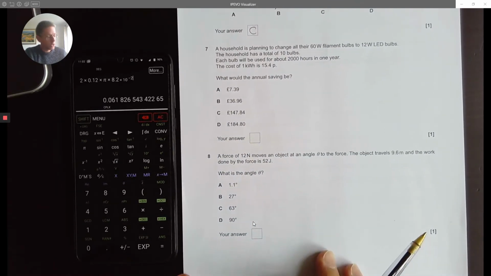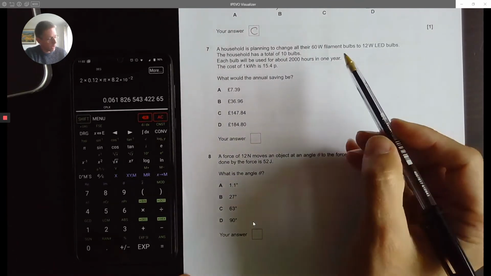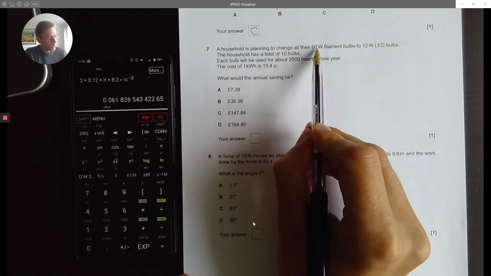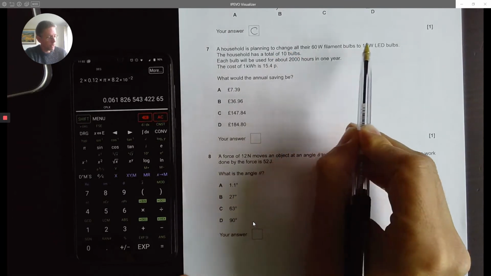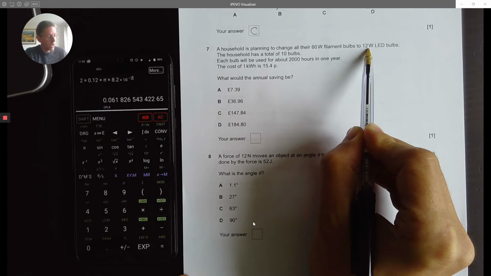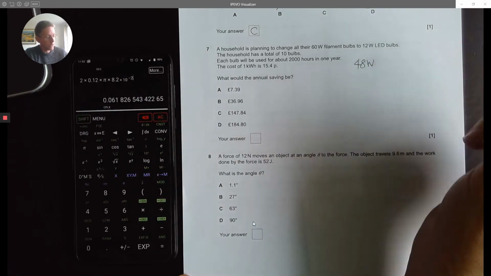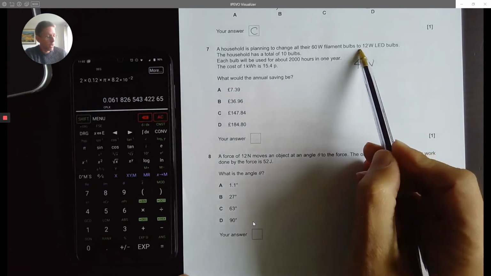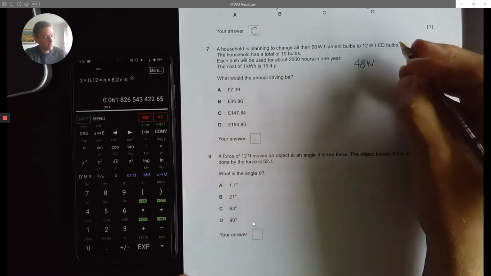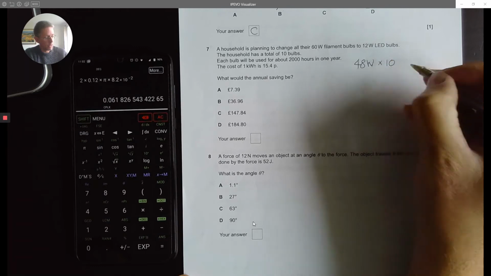Question number 7. Okay, we're going to swap 60 watt bulbs for 12 watt bulbs. So immediately you should be thinking that we're saving 48 watts for every single bulb. There are 10 bulbs, so we're going to be saving 10 lots of that.